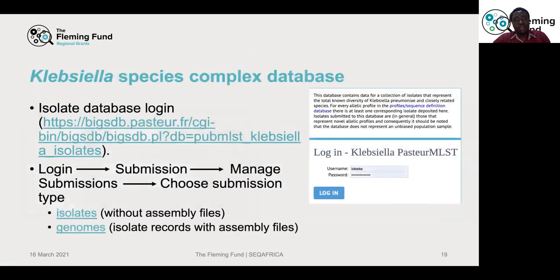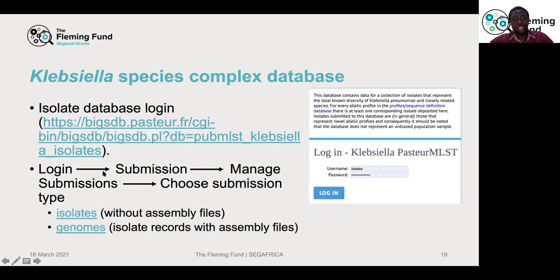If you are interested in submitting the isolates, which is actually advisable, it's not only advisable to submit the sequences corresponding to the alleles. It's also important to submit the genomes, the assembled genomes rather.